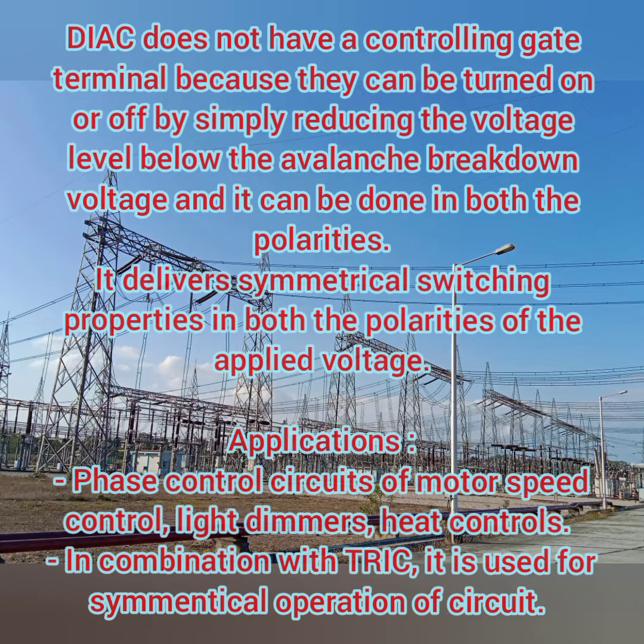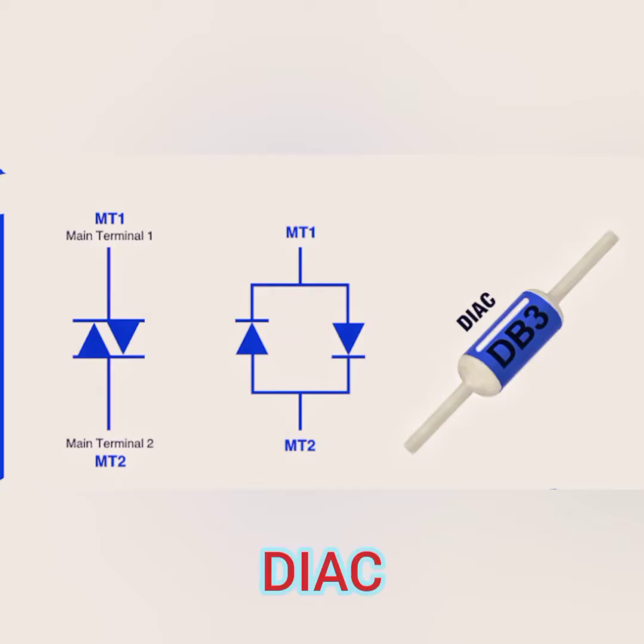A DIAC does not have a controlling gate terminal because it does not turn on or off by reducing the voltage below the avalanche breakdown level, and it can be done in both polarities. So it delivers a symmetrical switching property in both polarities of the applied voltage. Applications: in combination with the TRIAC, it is used in symmetrical operation of circuits.